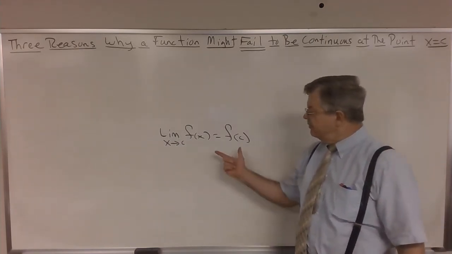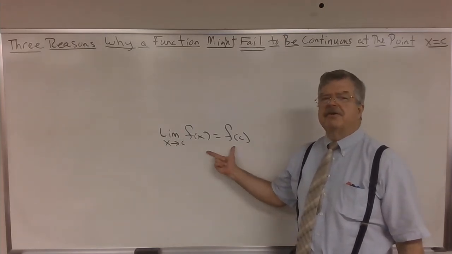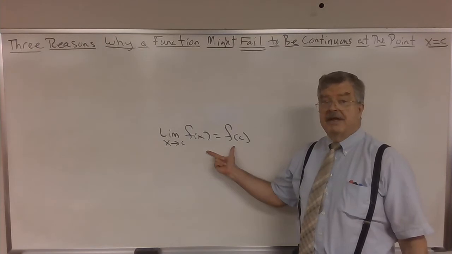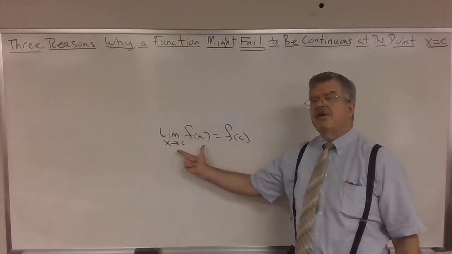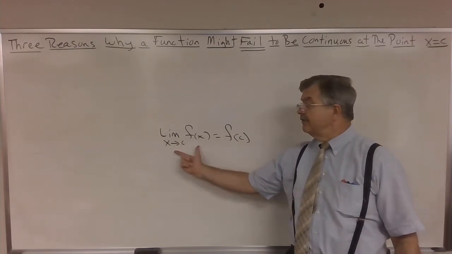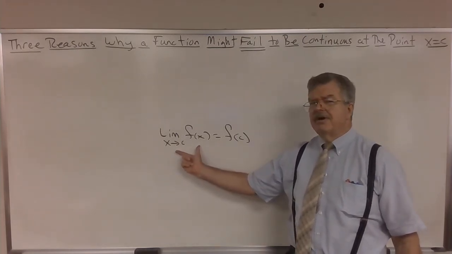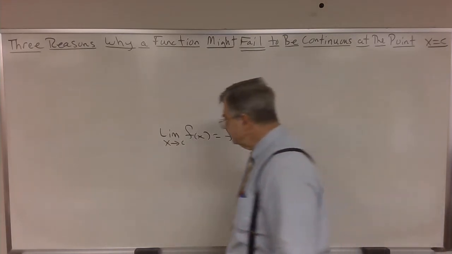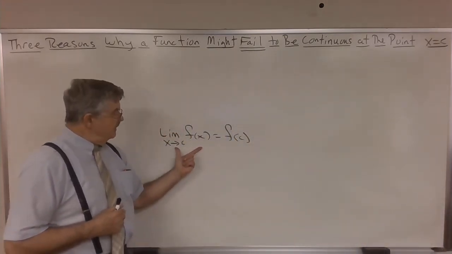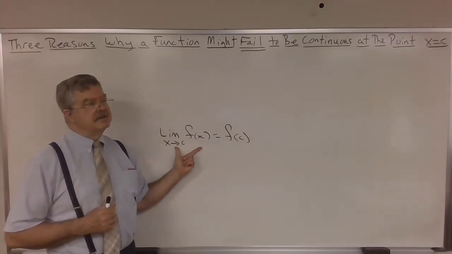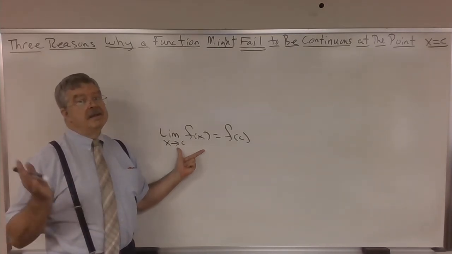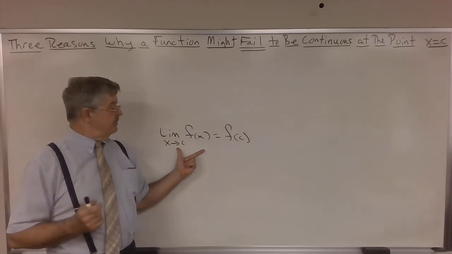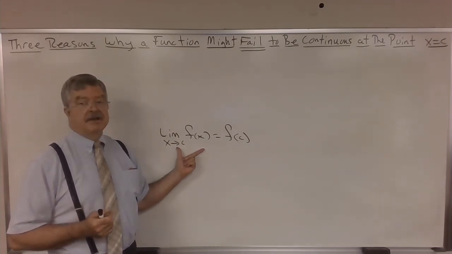Well, what's the first thing that could go wrong? It is an equation, right? And an equation has two sides. So maybe the thing that goes wrong with this equation is that something goes wrong on the left side. The limit as x approaches c of f of x. Well, what could possibly go wrong here? Maybe this limit doesn't exist.